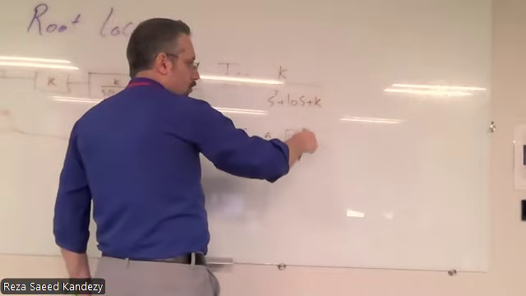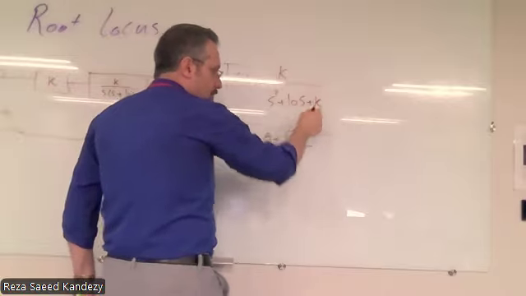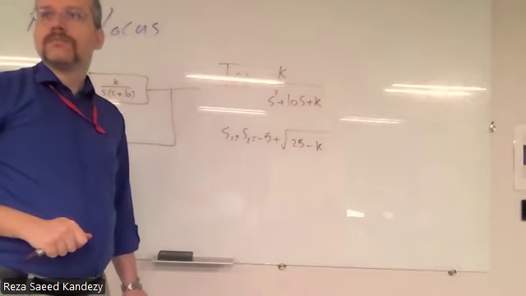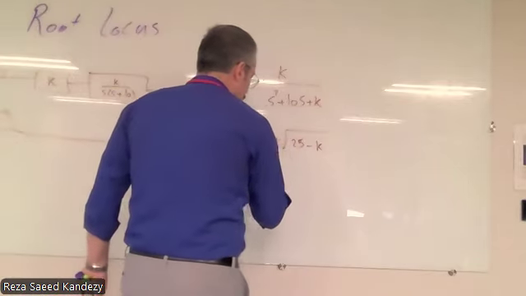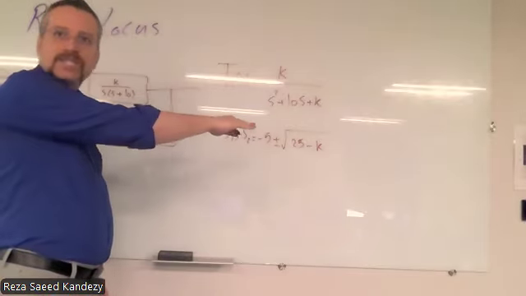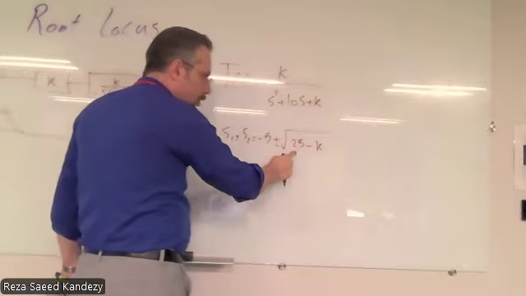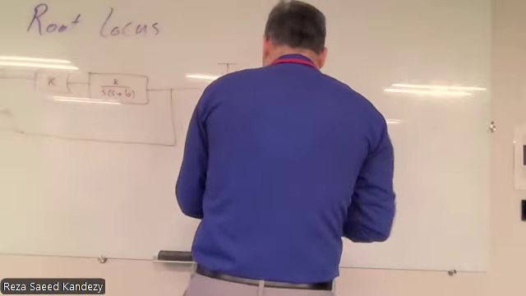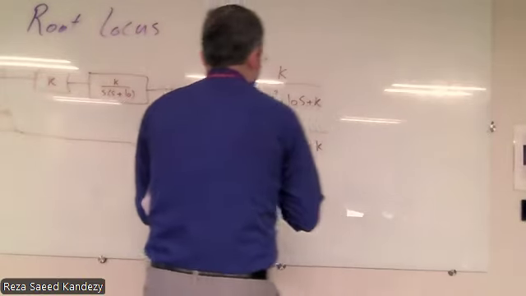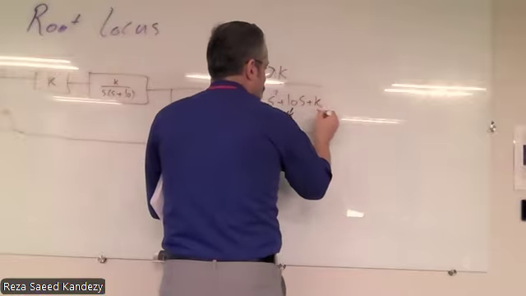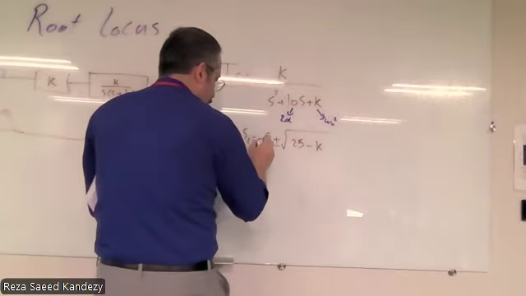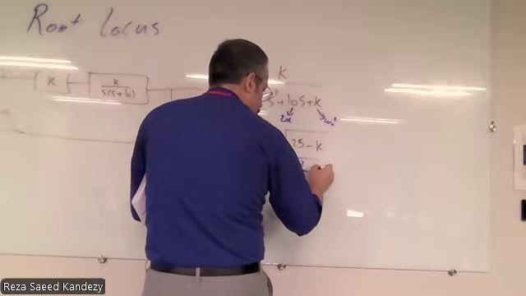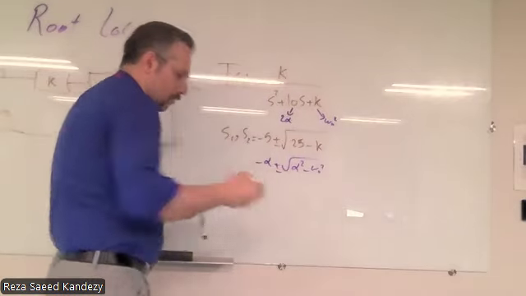So omega n squared is going to be the same thing, so minus k. Are we good? We have plus or minus. Remember from the second order system, this is 2 alpha, this is omega n squared, and this is minus alpha plus or minus the square root of alpha squared minus omega n squared.